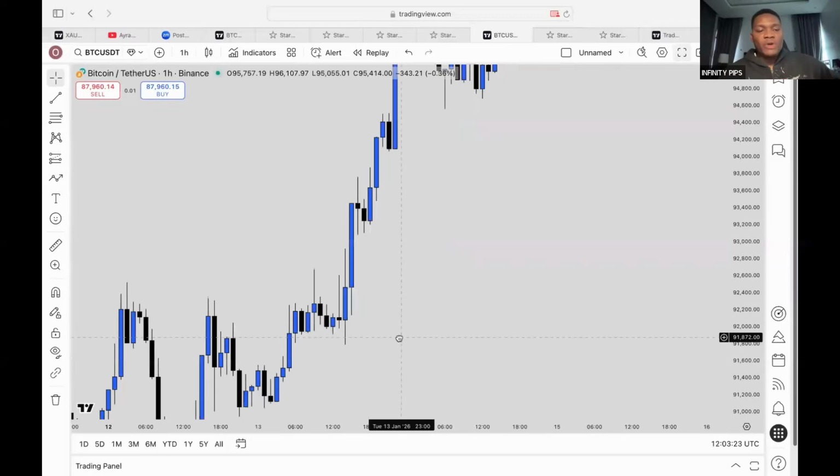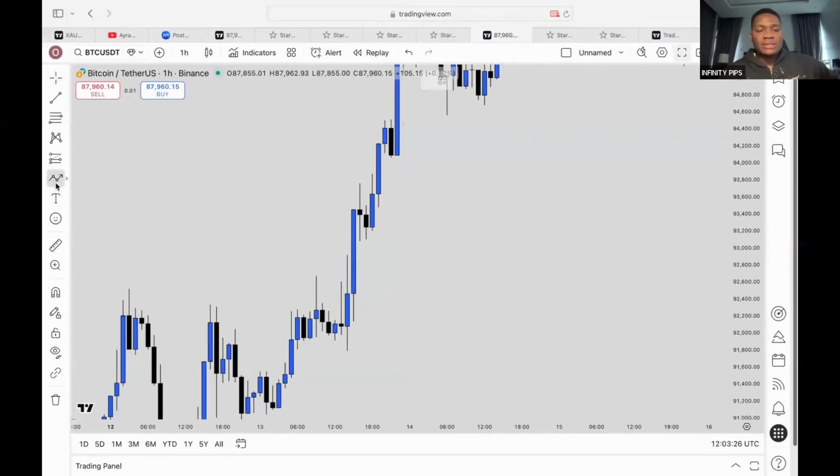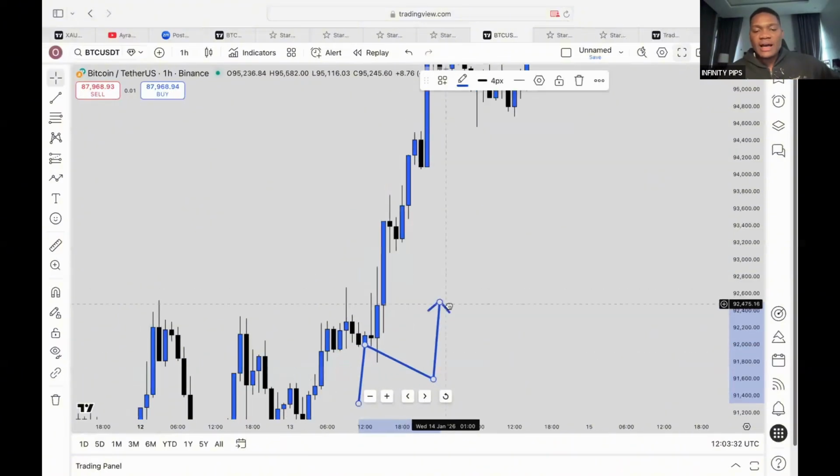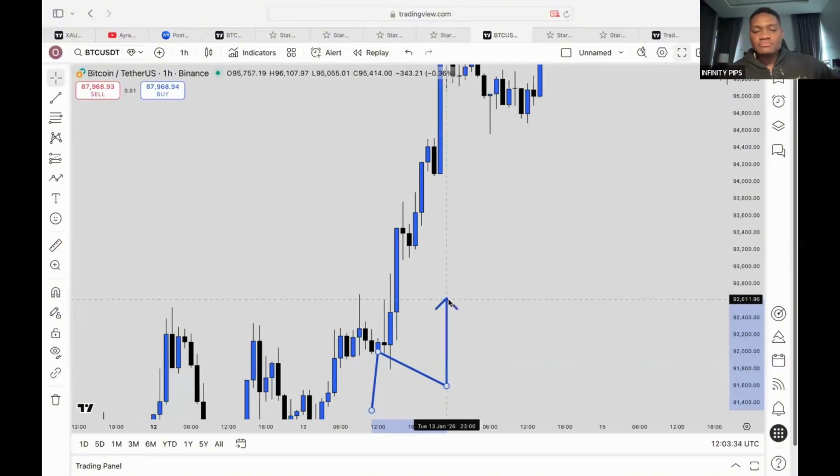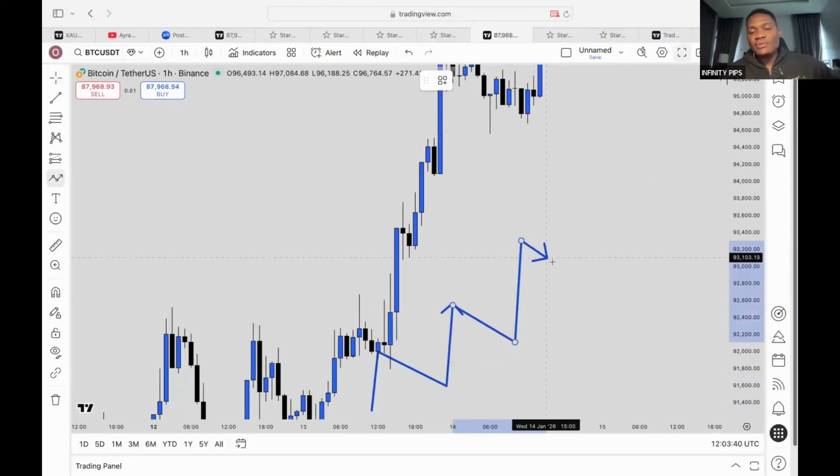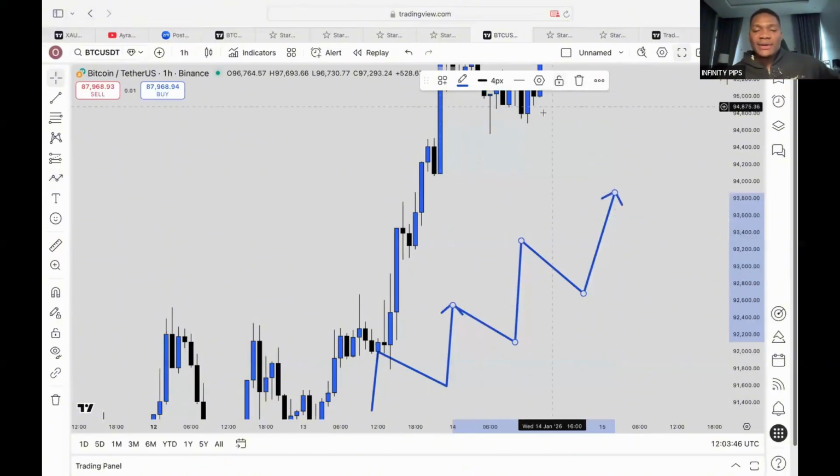I did my own up and down, basically, down, up, down. This is the normal bullish pattern. You can see that the market, even looking at it from here, did not do it exactly the way I did it.